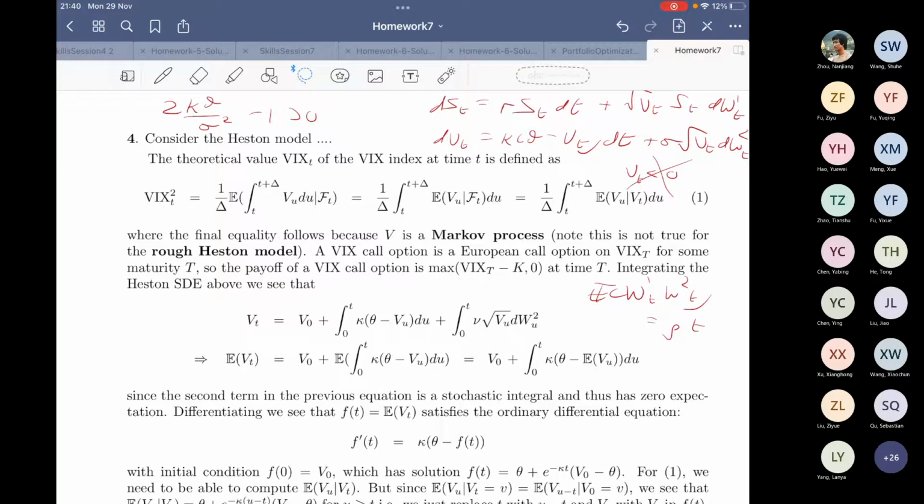Well, it moves away from 0 if kappa is great. So we always assume that kappa is greater than or equal to 0 because it doesn't make sense for it to be negative. But if kappa is greater than 0, then you can see that if V is at 0 or very close to 0, this term becomes irrelevant because this term is essentially 0. This term was also essentially 0. So when V is very close to 0, V actually behaves just like an ODE.